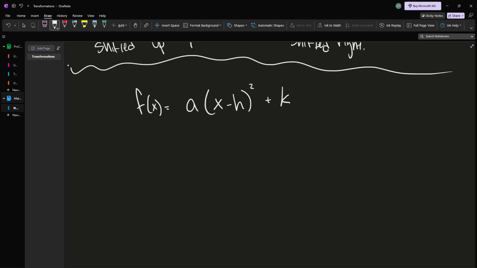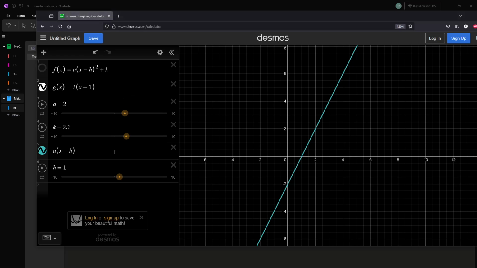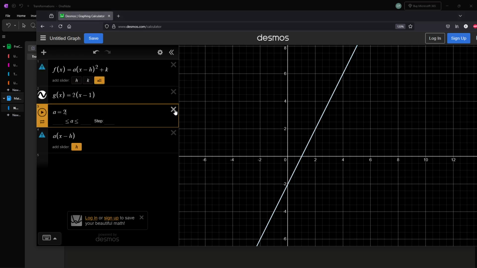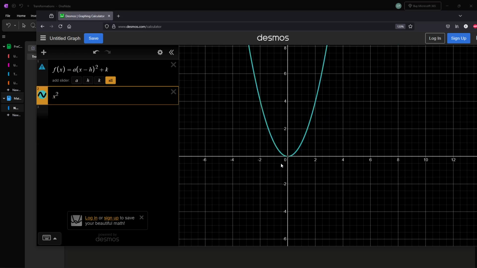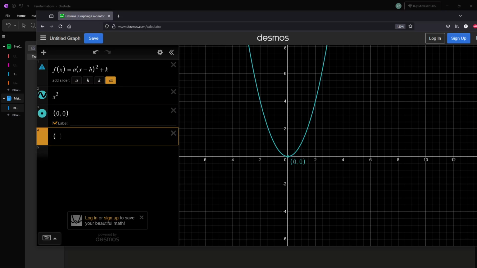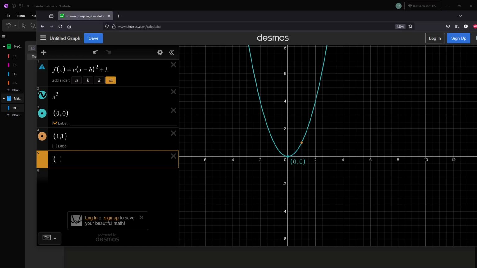Looking at quadratics, I know what quadratics look like. I know that it is just x squared. I know it looks just like this, with key points at 0, 0. I need to add another one at 1, 1, and at negative 1, 1. I have key points here.